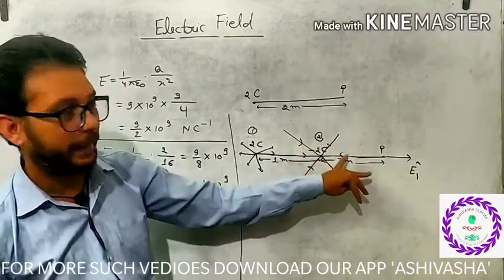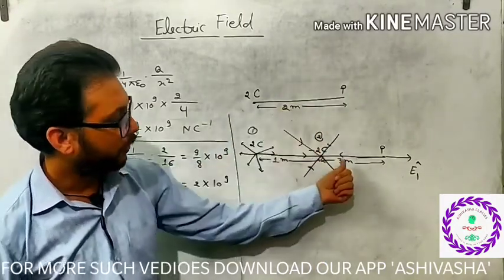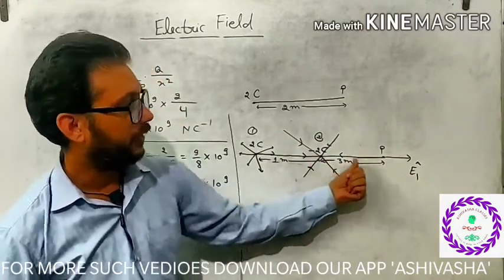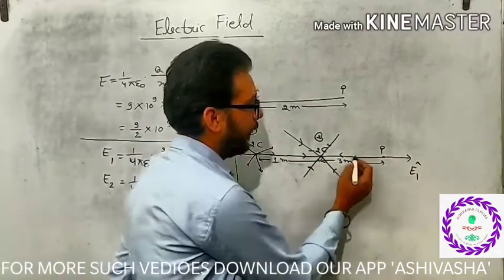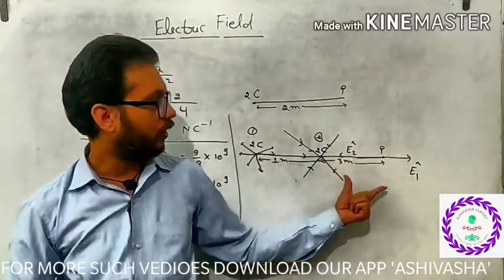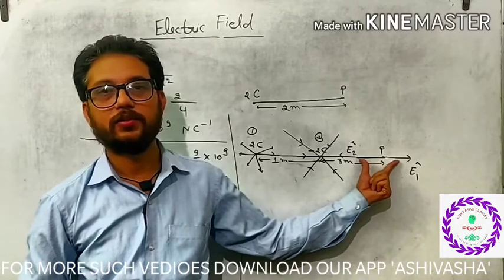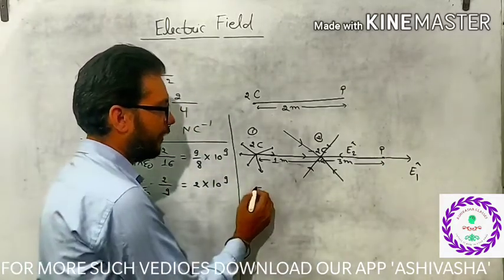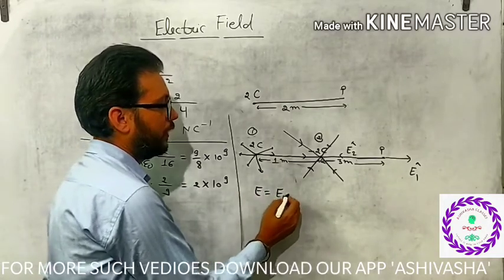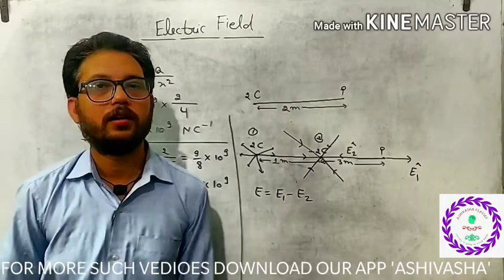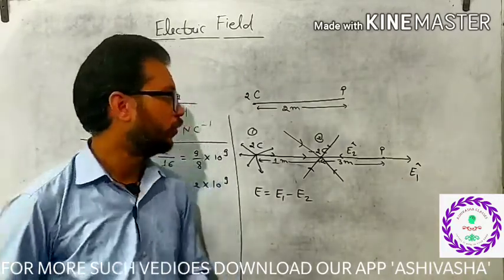So as you can see at point P, the direction will be like this way. So it will be the direction of E2 cap. Now the angle is 180 degree. So again we apply the resultant formula and we get E equal E1 minus E2.